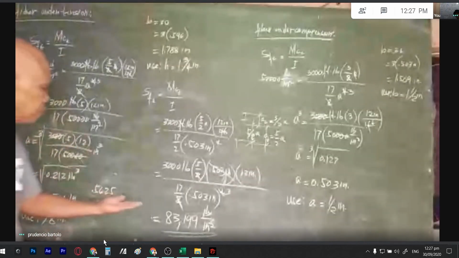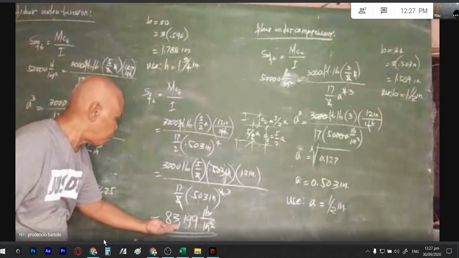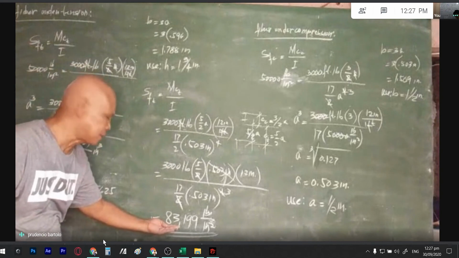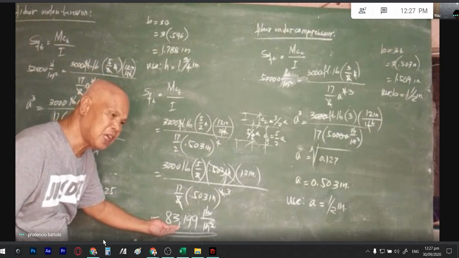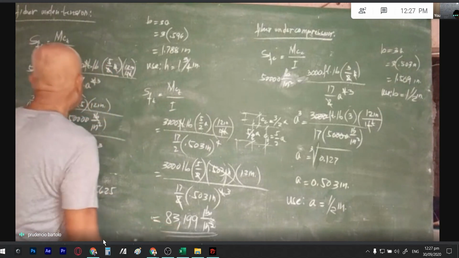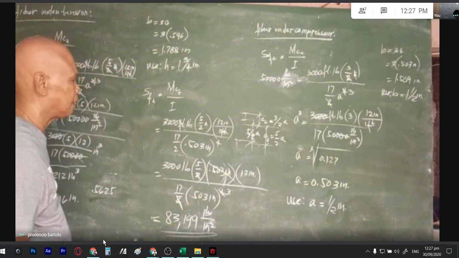So meaning, if we make use of this stress, 83,199, it will over-stress this 50,000.